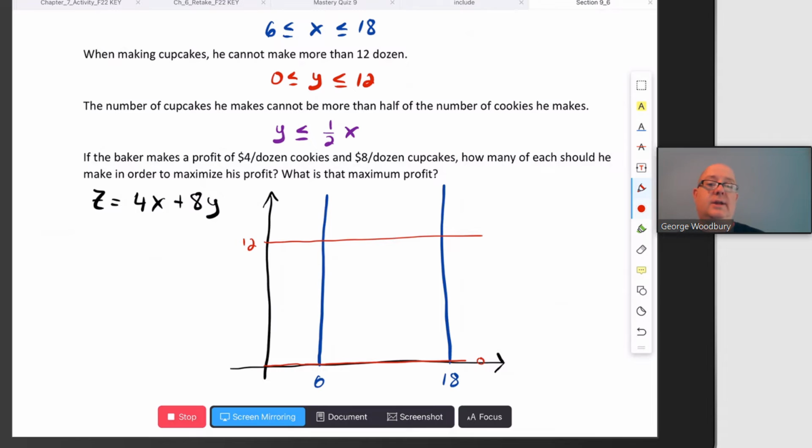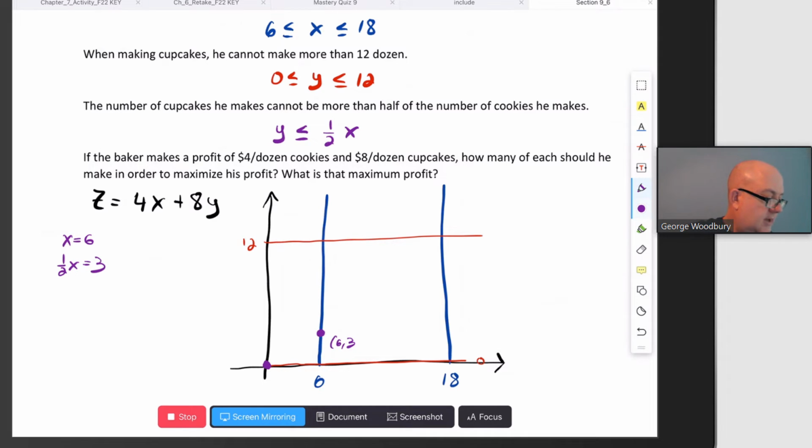So the graph of y equals 1/2 x has a slope of 1/2 and a y-intercept at 0. So I know it's going to start here, and then go up 1 over 2. When x is 6, 1/2 x is equal to 3. So this point is going to be the point 6, 3.